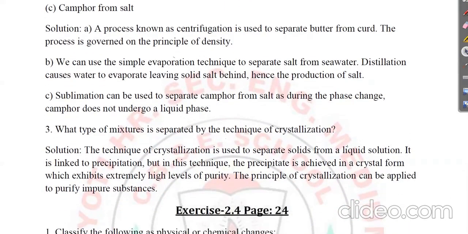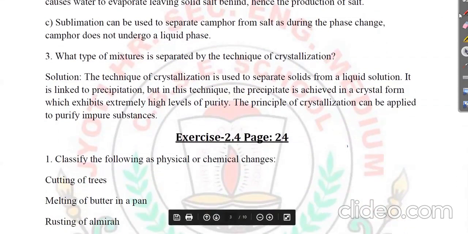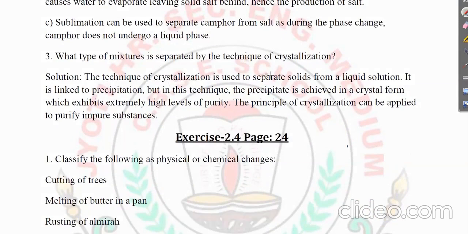Next, what type of mixture is separated by the technique of crystallization? The technique of crystallization is used to separate a solid from a liquid solution. A highly concentrated solution is formed, then it is heated, and then it is left to cool down slowly.